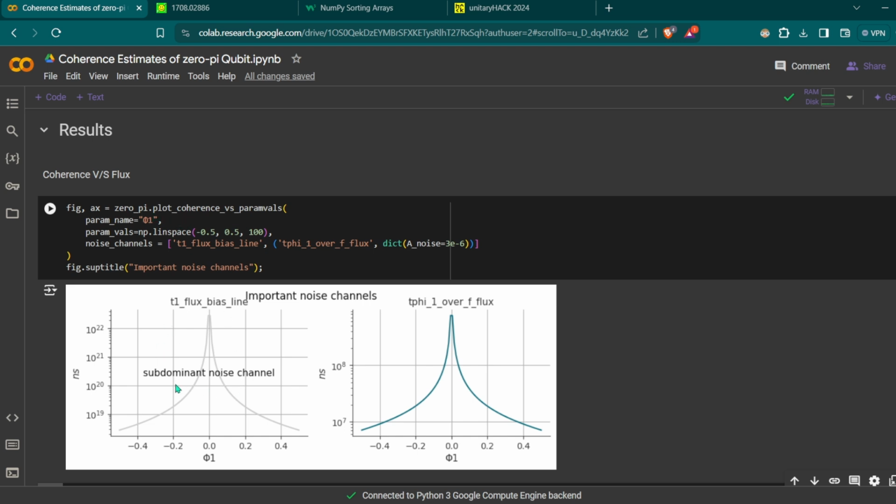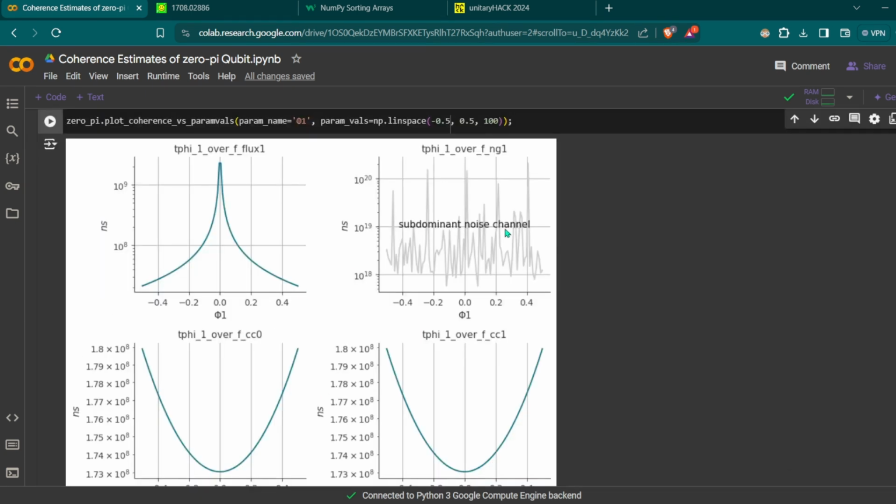In this way you will get two graphs as such, and the subdominant noise, which in this graph is the flux bias line, shows that it doesn't contribute much to the coherence of the qubit, which in our case is the 0-pi qubit.